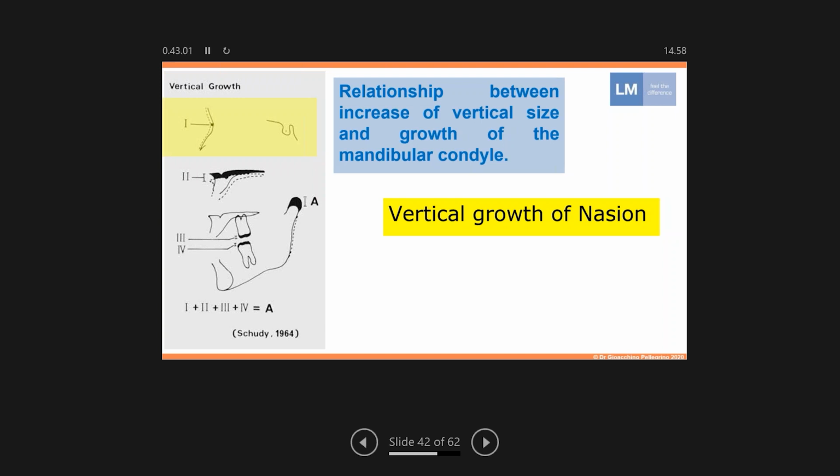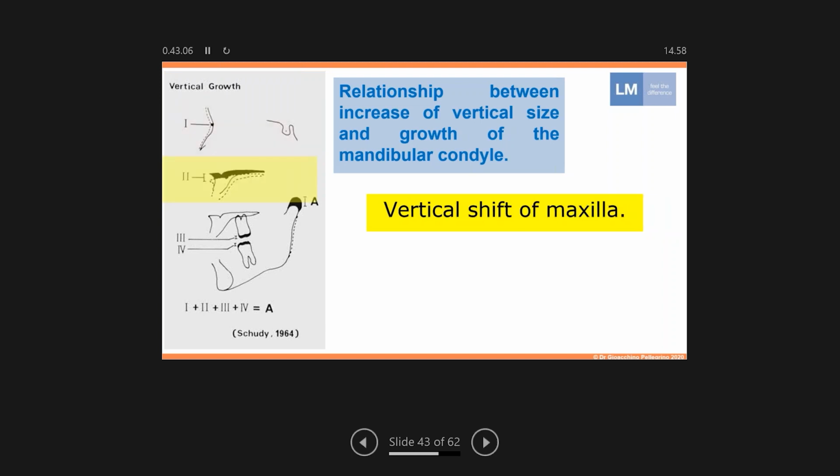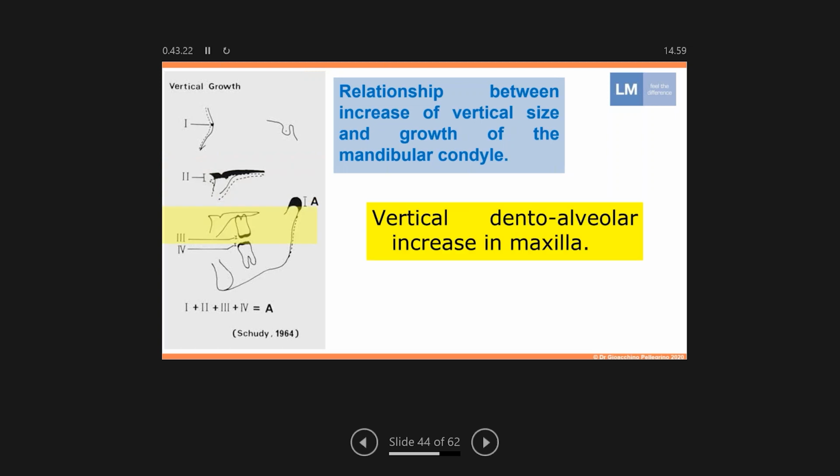The first one is the vertical growth in the nasion area. The second one is the vertical growth in the bispinal plane, in the basal area of the maxilla. And the third one is the vertical growth inside the dental alveolar sector of the upper maxilla. The last one is the vertical dental alveolar growth in the mandible.